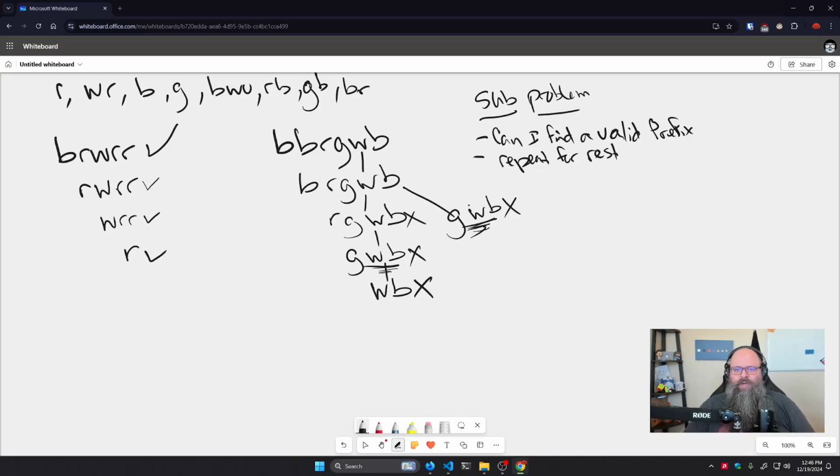And again, if we go back to memoization, there's no reason for me to try and solve this sub problem if I've seen it before. The idea being is I'm creating this graph for this one, right? So this is the whole problem, and maybe I can trim off a B or a BB or maybe a BBR, right?